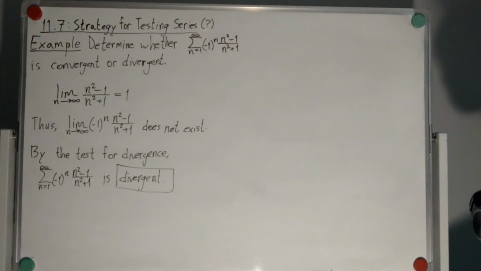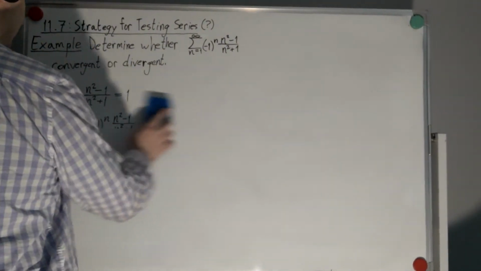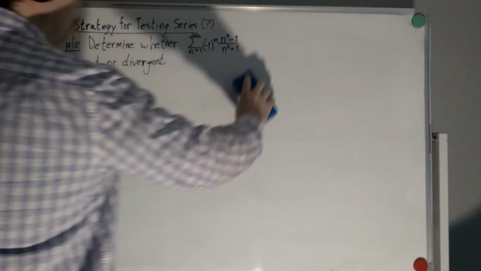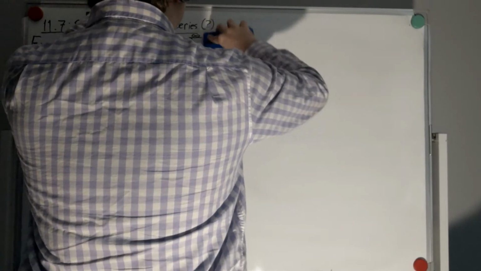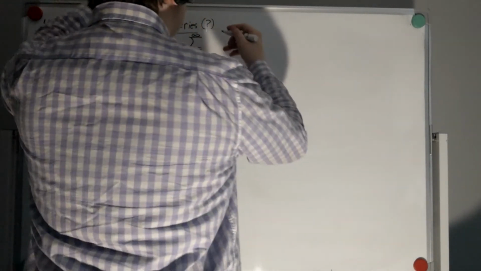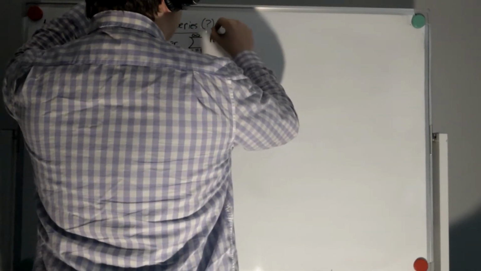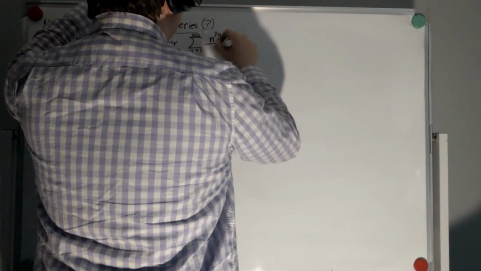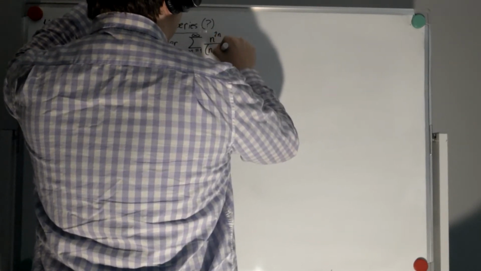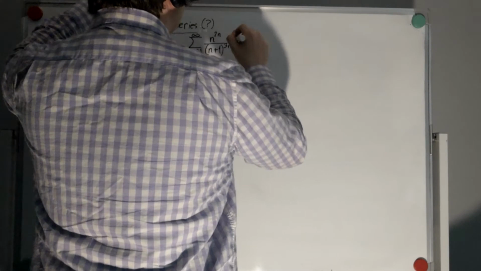Let's see, next up we have n raised to the 2n divided by n plus 1 raised to the 3n.